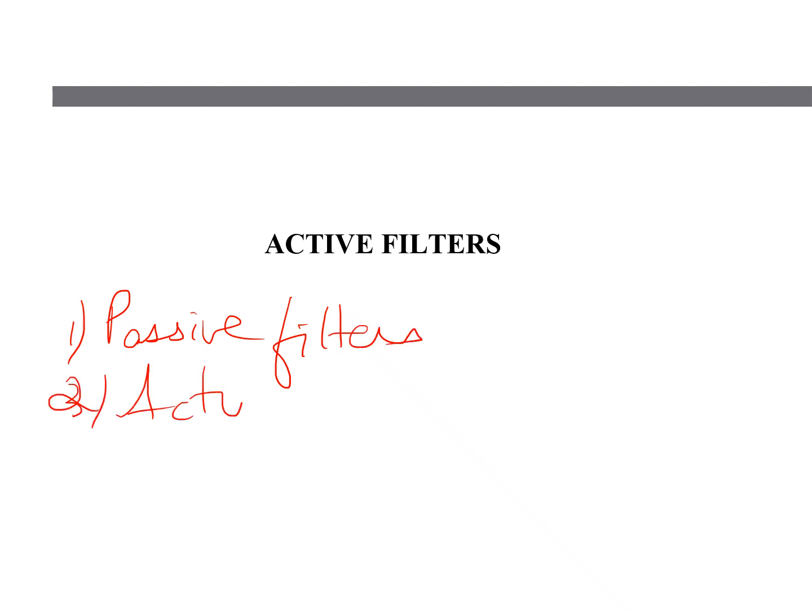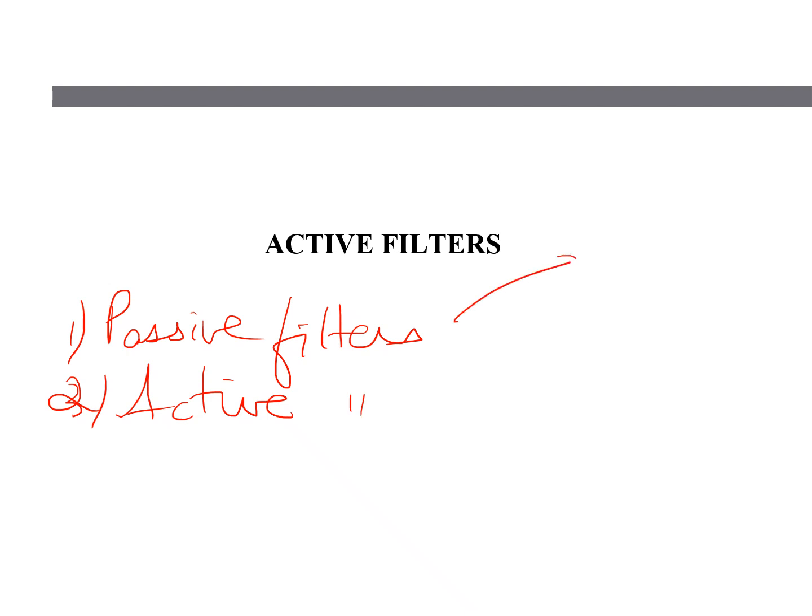In today's video, we are going to discuss some basic concepts on active filters. Filters are generally classified into two types based on the type of components we are using. They are passive filters and active filters.